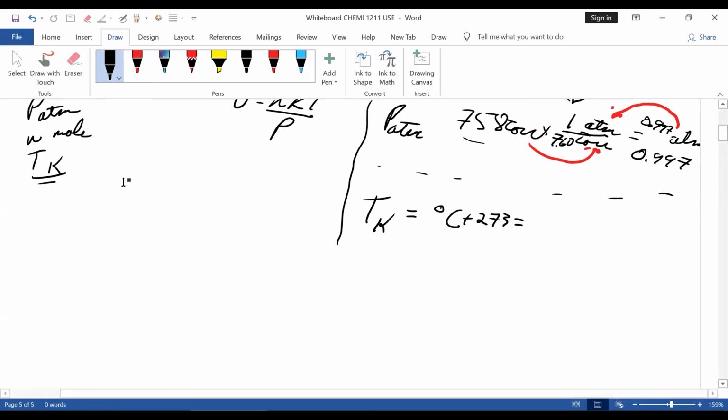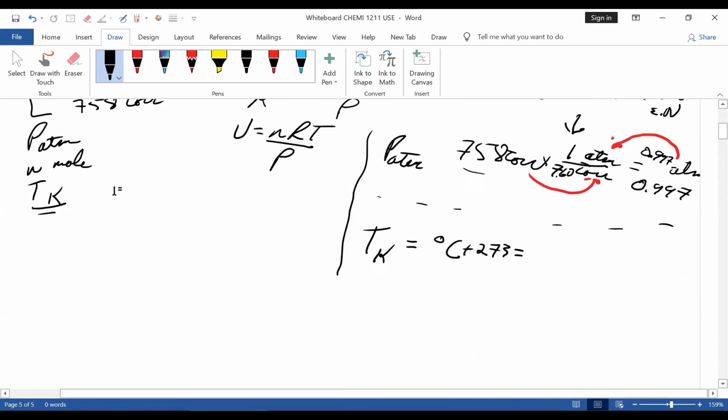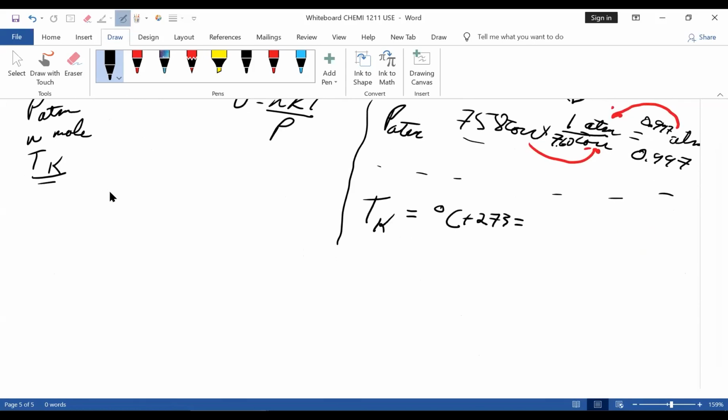Degrees C for this problem was 22. Remember, for addition, you get the same number of significant figures past the decimal as the number that has the least. This has 0. This is an exact number because it's part of a definition. So the answer here is 295 Kelvin.